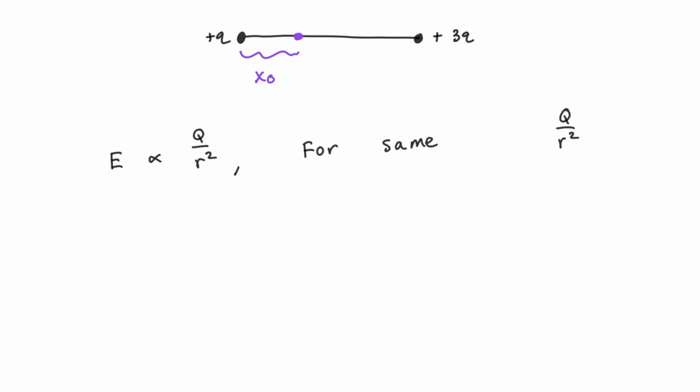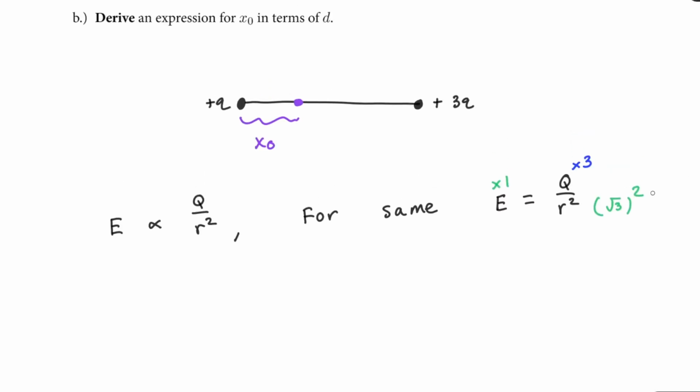So we would need the same q divided by r squared. So in this case, our charge is tripled. So to generate the same electric field with a tripled charge, I must be tripling my denominator. So I must be root 3 times further away.